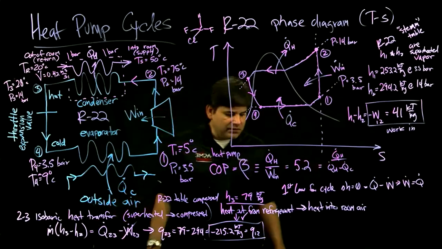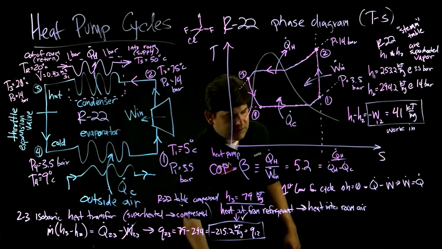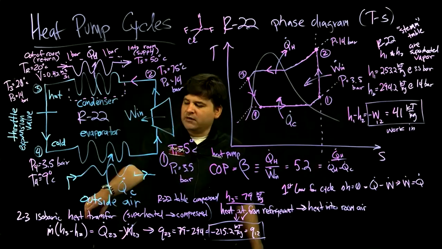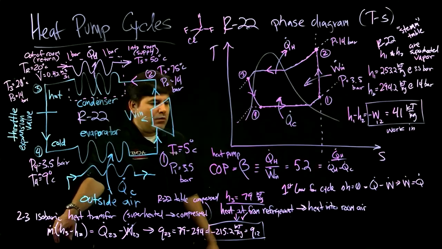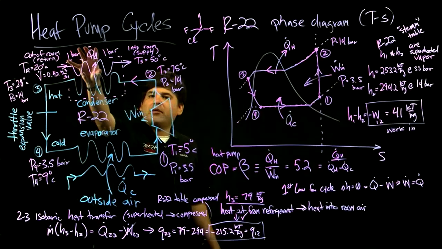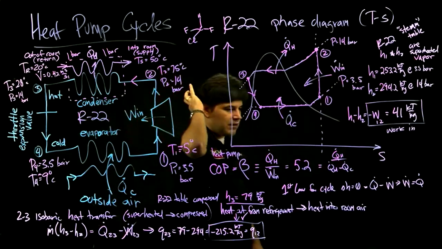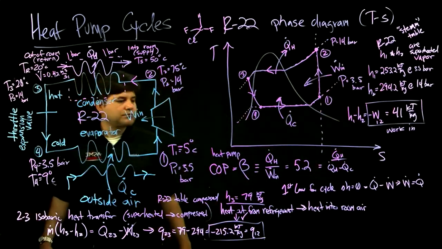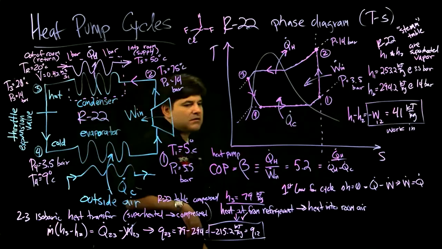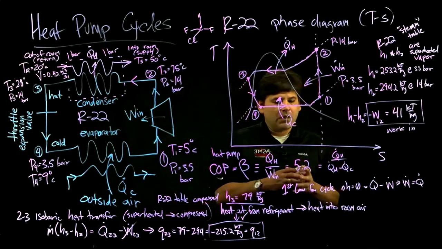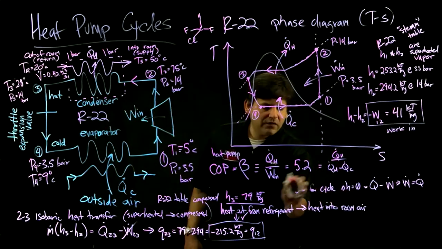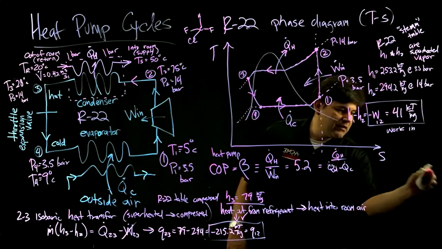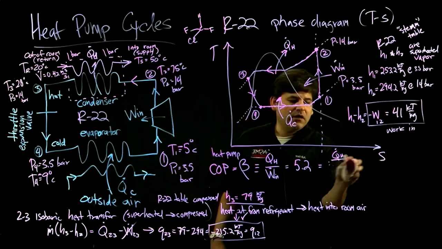Okay, that's one note. Another note is that we didn't know the mass flow rate of the refrigerant. We do know the operation of the room air. We actually know everything about the room air already. We could have found the heat transfer into the room air by assuming the heat capacity of room air as well.